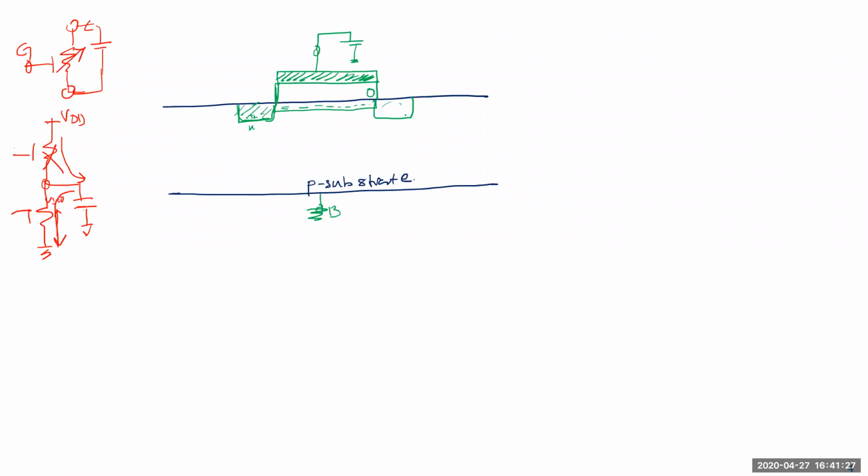But my question is, will it work? Now let's say this is your source, this is your drain, and I apply a voltage across the source and drain. Will there be electron flow in one direction and current flow in the other direction or not? So in metal, no free electrons are present.